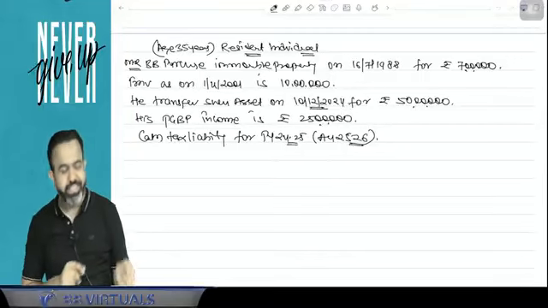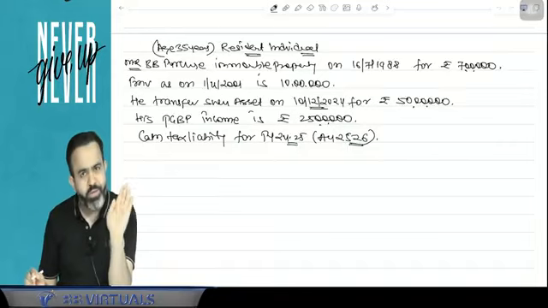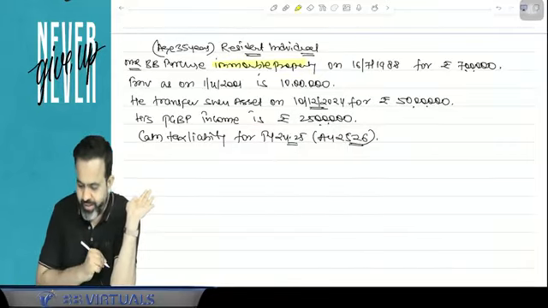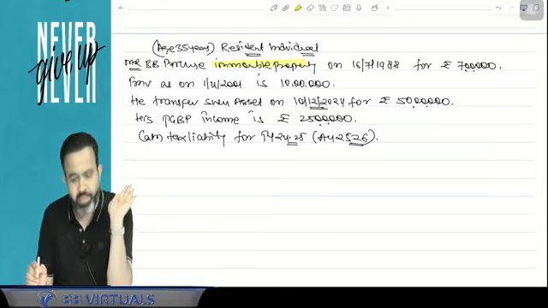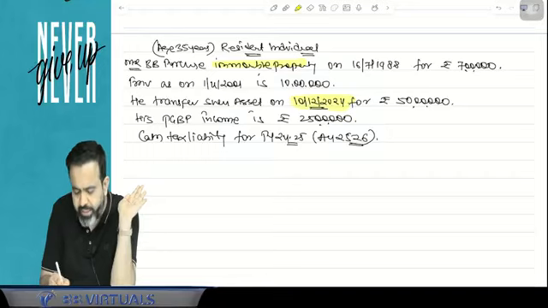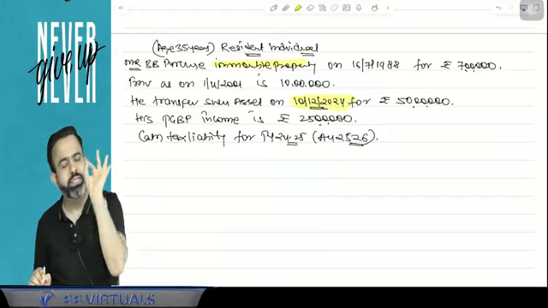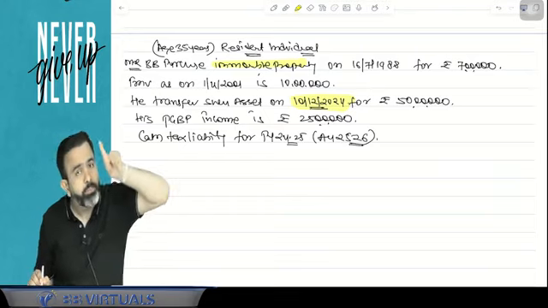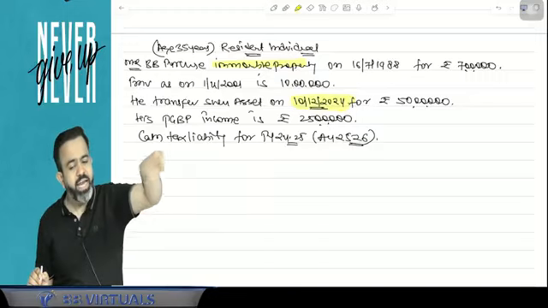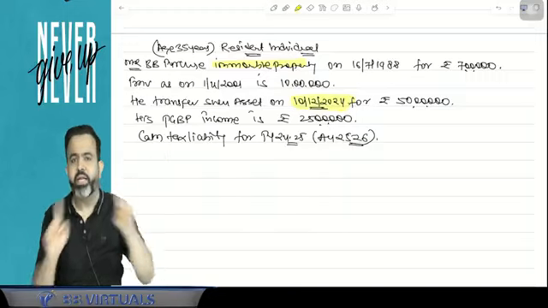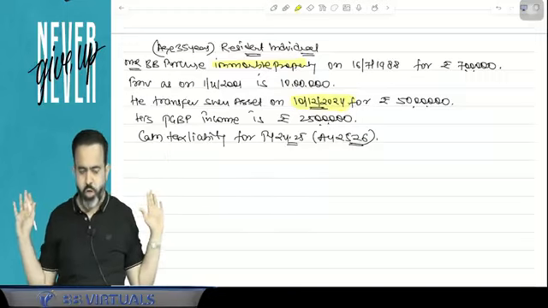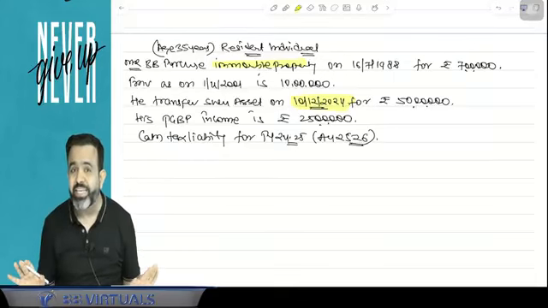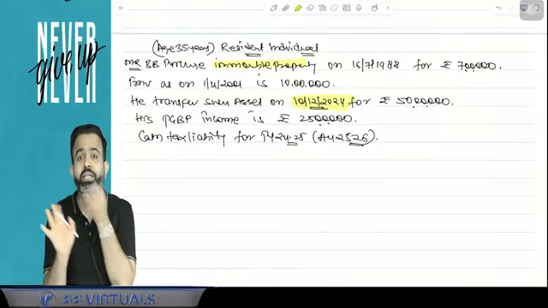Pay attention, guys. This is the question. Here there is an immovable property with a long-term capital gain, but the immovable property was transferred on or after 23rd of July 2024. Then for computation of capital gain and for computation of total income, indexation is not there.